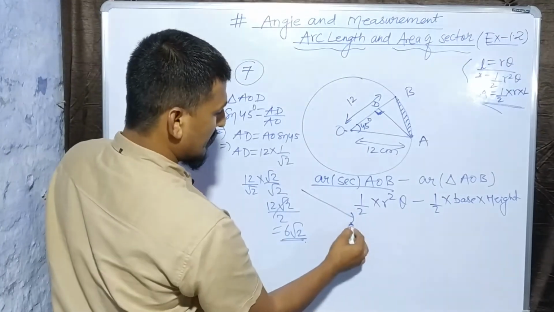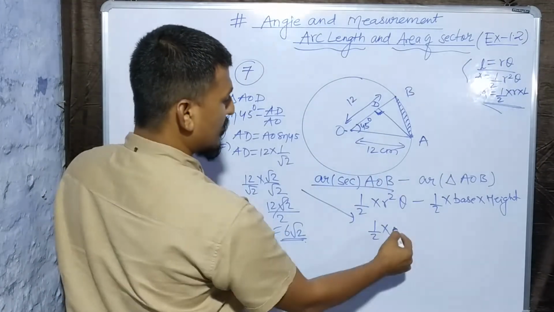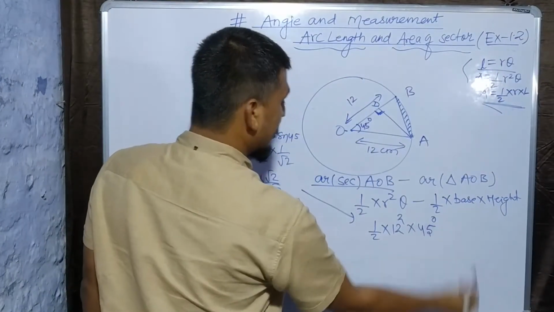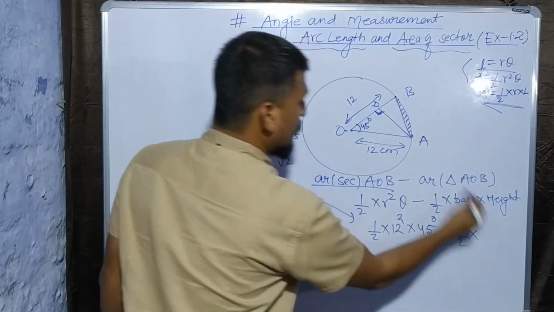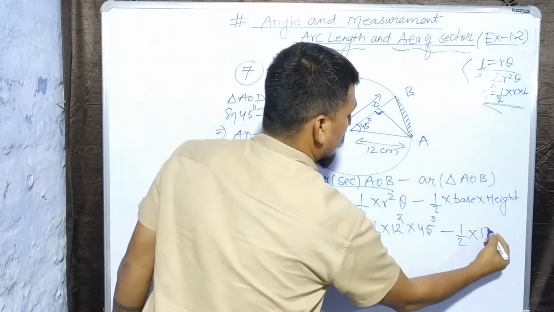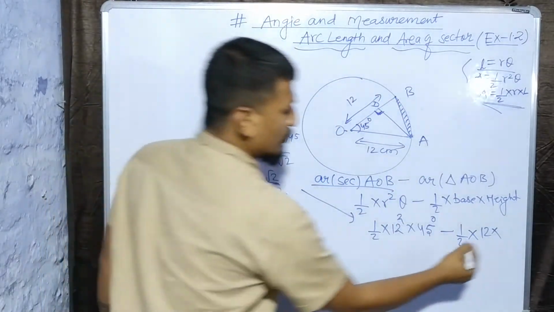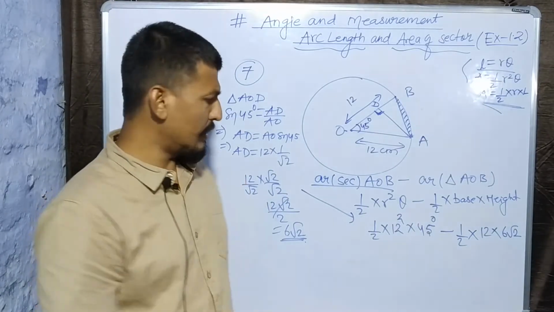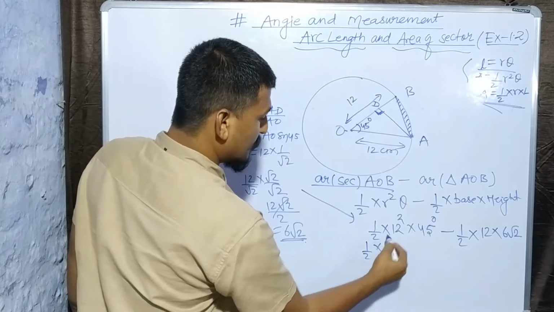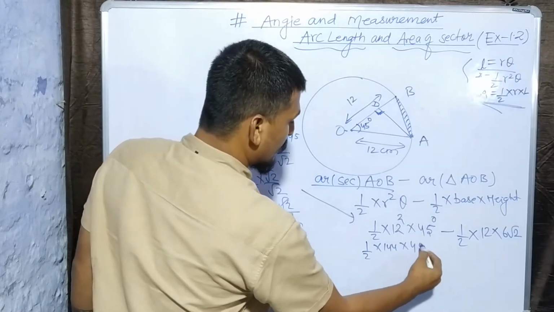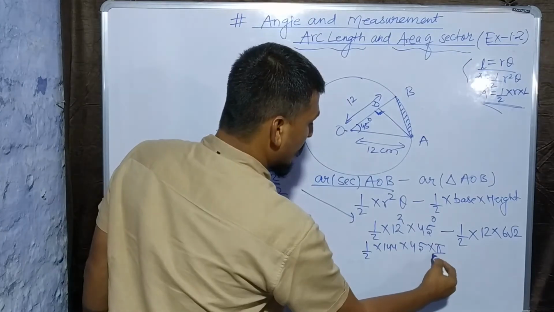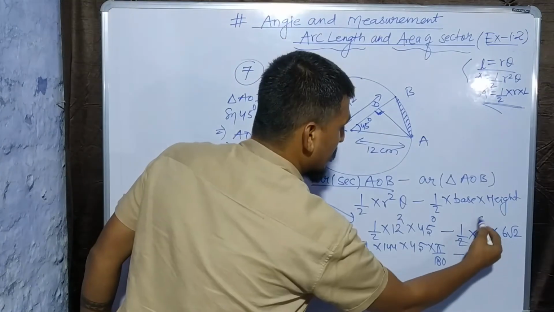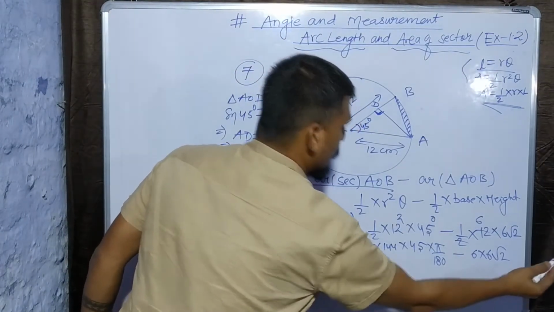Now put here half r square, 12 square, into theta, 45 degree, minus half into base, and the height we calculated is 6 root 2. So this becomes half into 12 square, 144, into 45 into pi by 180 in order to convert it into radian, minus 6 into 6 root 2.